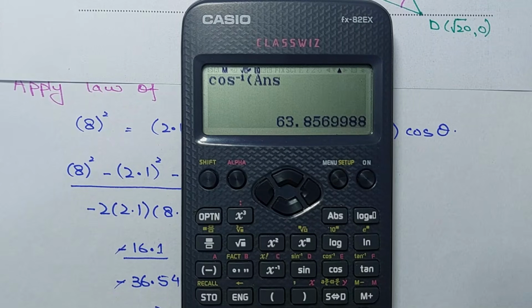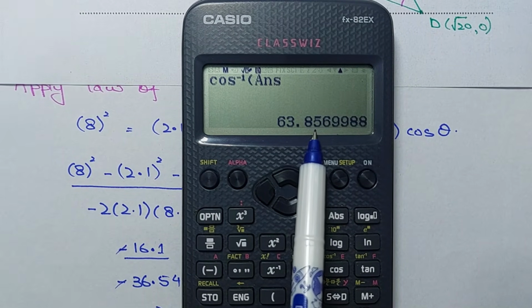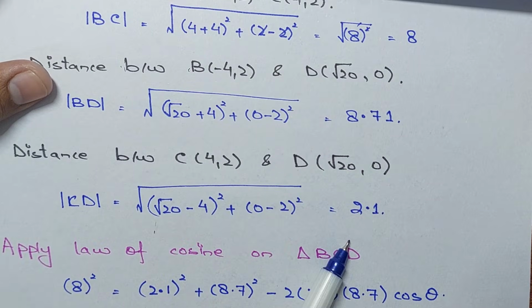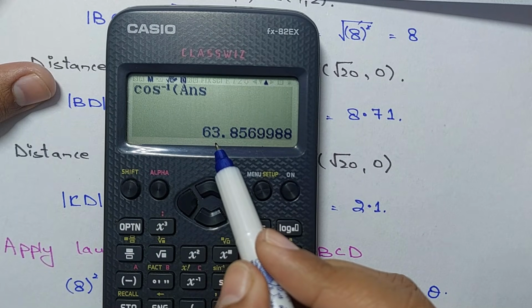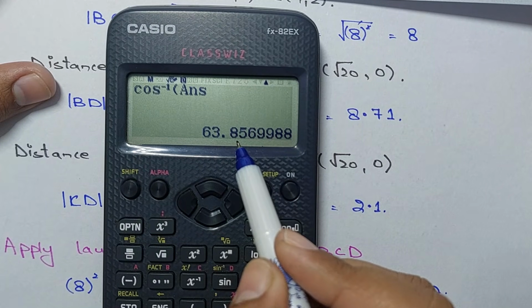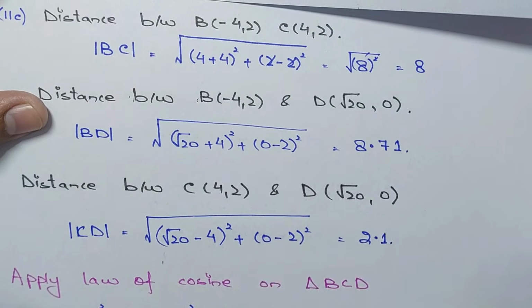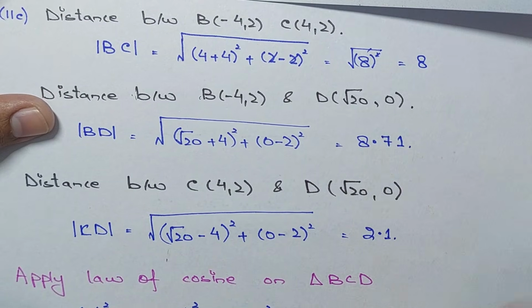Doing cos inverse, in degrees, right, of the answer, 63.85 degrees. You might get some different answer because I rounded these things, right? So you might get some, but 63 is okay, but in the marking scheme it is 63.4, right? So if you keep these distances as they are, and at the end you calculate, or you do 3 or 4 decimal points, that is also okay.